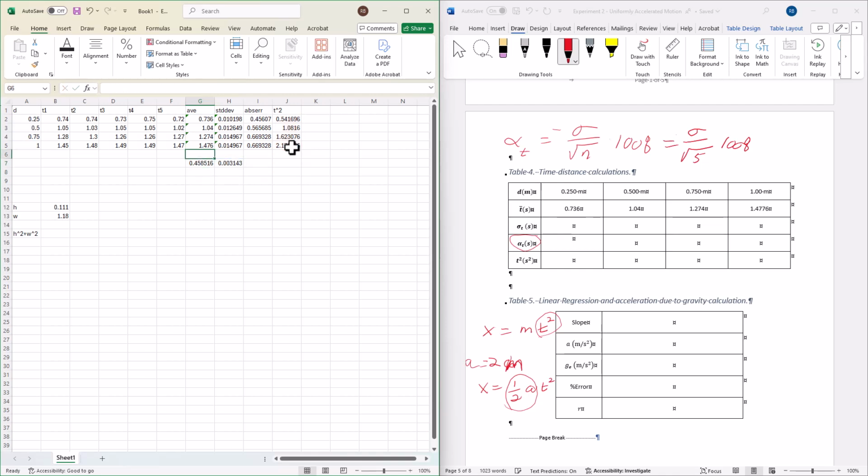Okay, this right here is the slope, and this right here is the y-intercept. Remember, your linear equation in slope-intercept form is y equals m, in this case t squared, plus b. That's the y-intercept, where the line crosses the y-axis, and this is our slope.